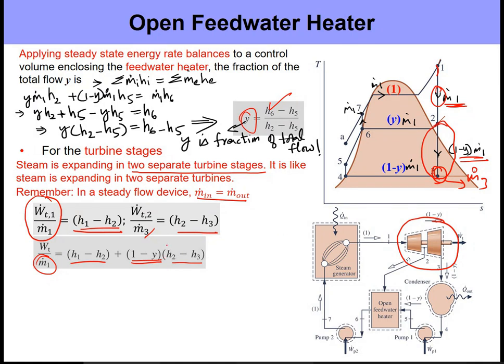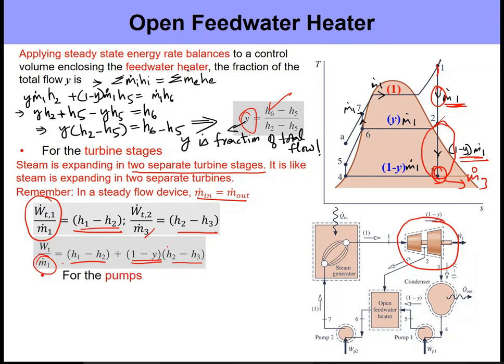So for y equal to 0, that is no feed water heater, this value would certainly be higher. For any non-zero value of y, this value would be slightly lower, depending on how much fraction you send to the feed water heater. So this is one change.